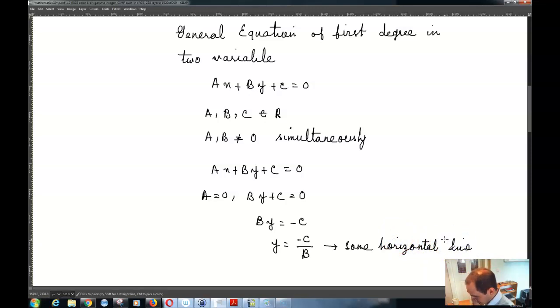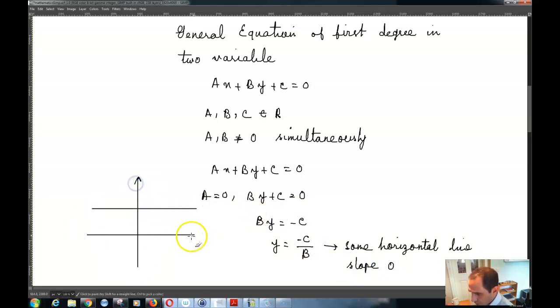And in this case, your slope is equal to 0, because you have some horizontal line, if this is x and this is y, either above the x-axis or below the x-axis. Of course, in this case your slope is equal to 0, and it becomes a horizontal line.